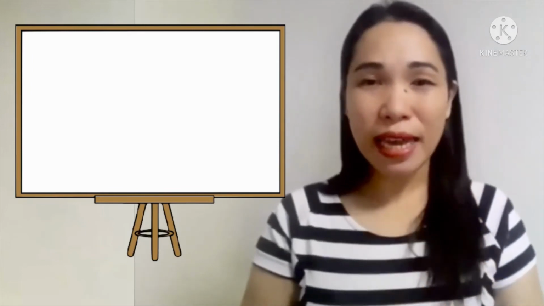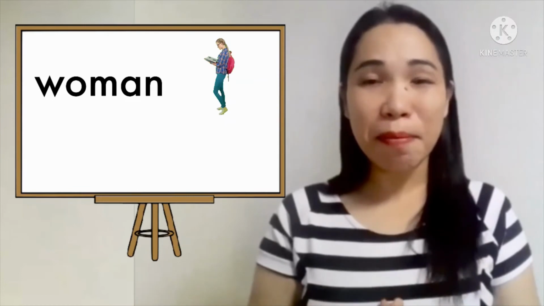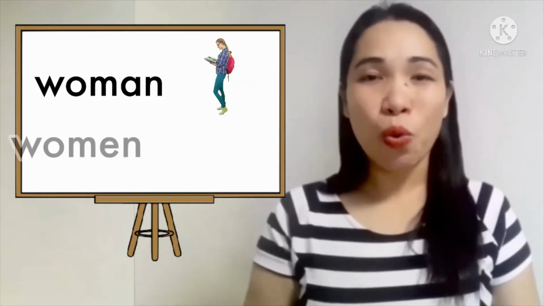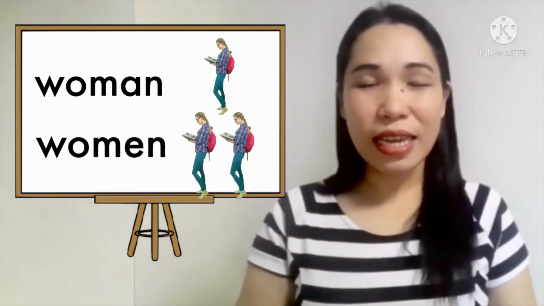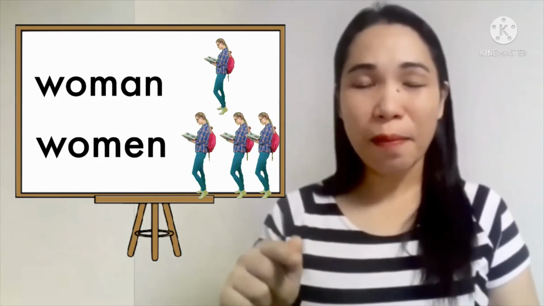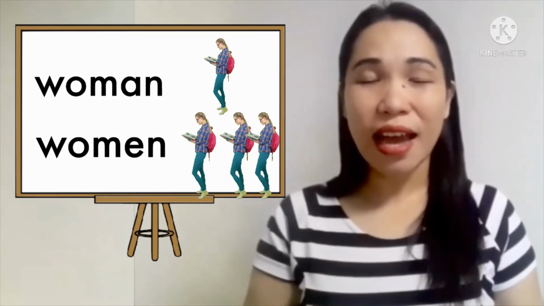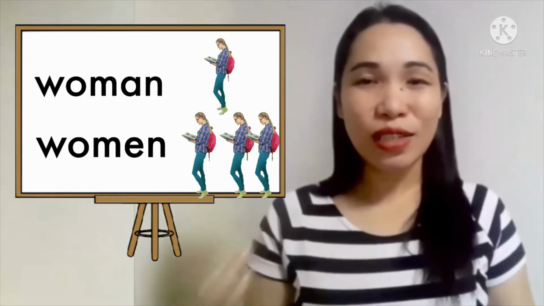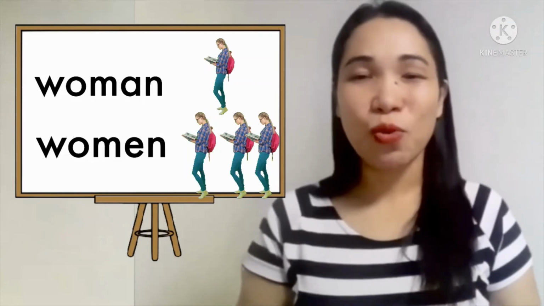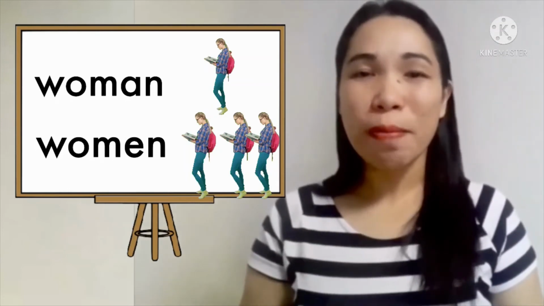So pag isang babae lang, we call it a woman. Pero pag marami na ang mga babae, it becomes women. And it's funny kasi yung pagkakasulat is W-O-M-E-N. But don't you know that we are going to read that as women? So it sounds like W-E, but it's women. So woman and then women.